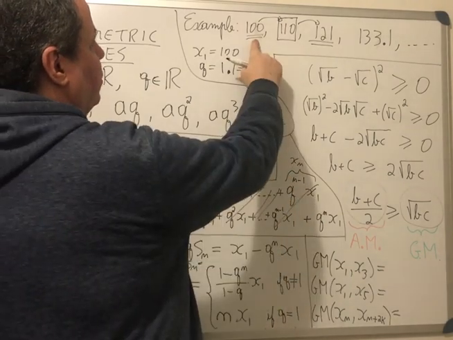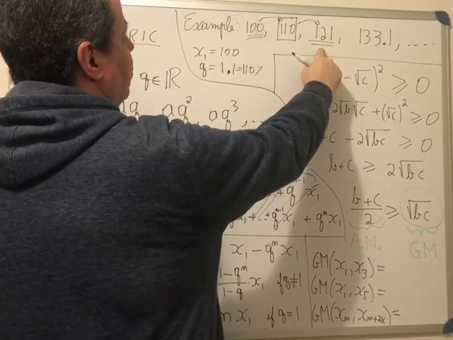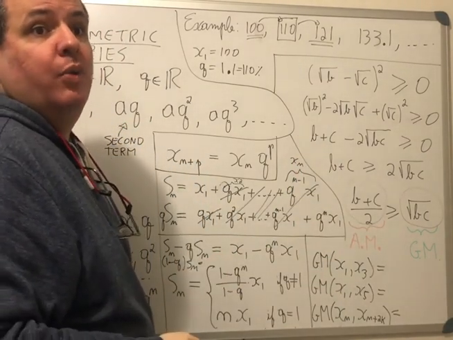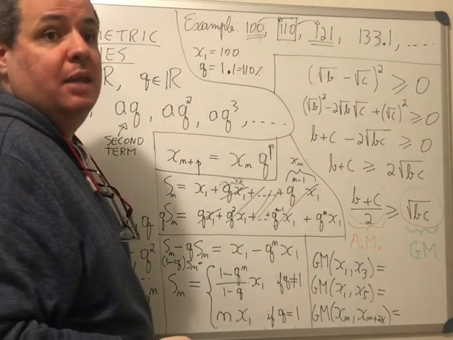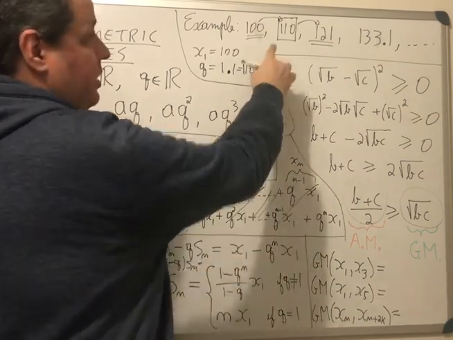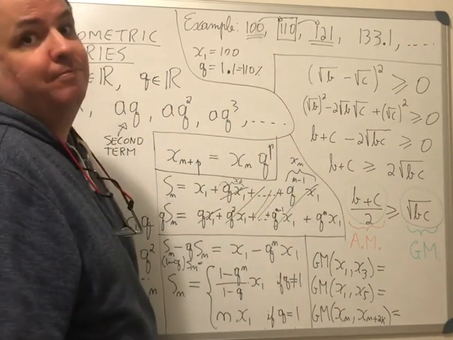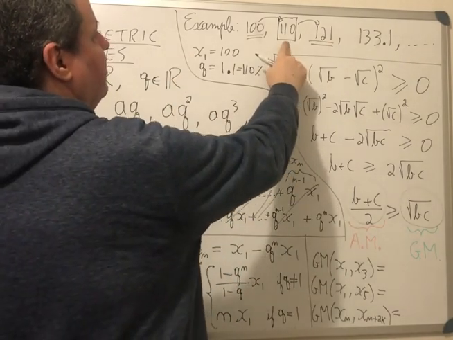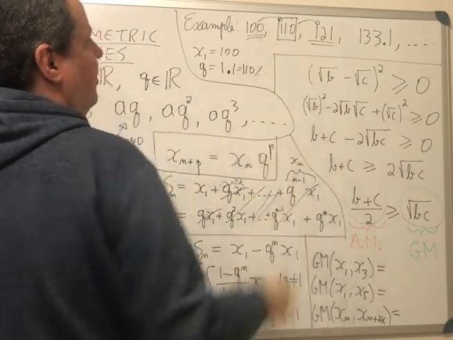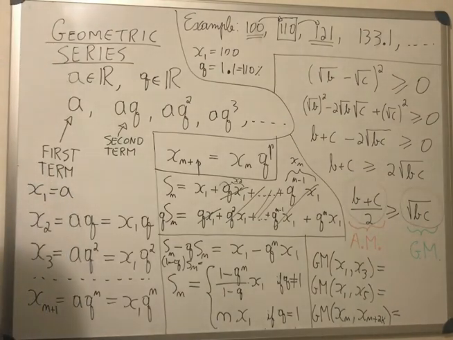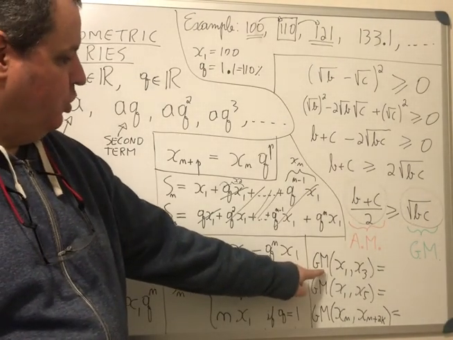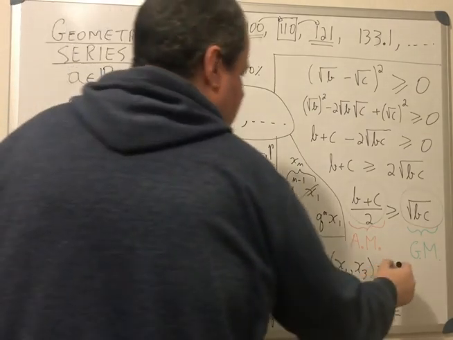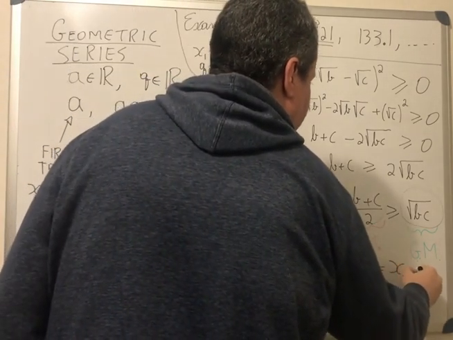If I were to add these two numbers, I would have 221, and half of 221 is 110.5, not 110. The arithmetic mean would be bigger. The number in the middle of the geometric series is the geometric mean, and that's what I'm calculating here. The geometric mean of the first term and the third term of a geometric series is the second term.